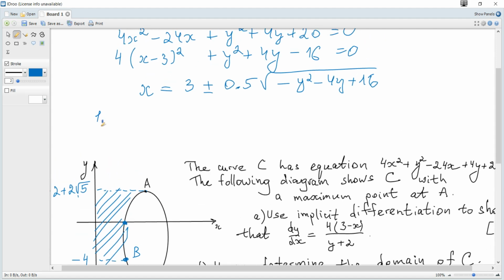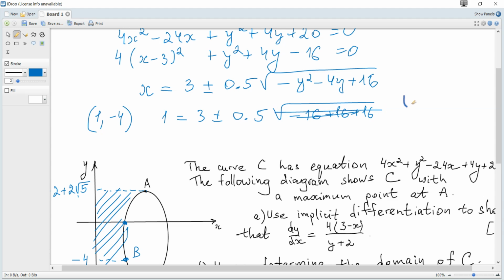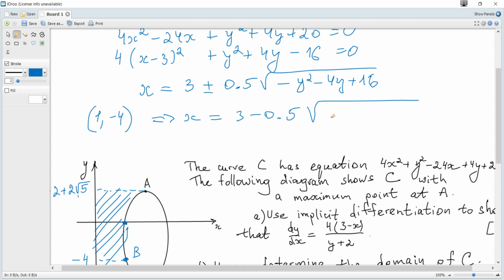So let's check 1, negative 4, substituting 1 for x and negative 4 for y, it becomes negative 16 plus 16 plus 16. You can see it's 4, 2, and to get 1 it's minus. So finally x is 3 minus 0.5 square root.